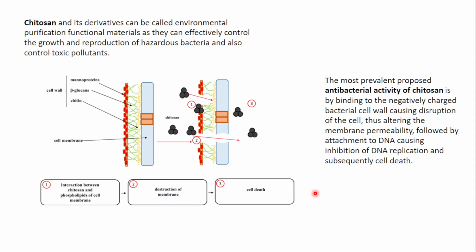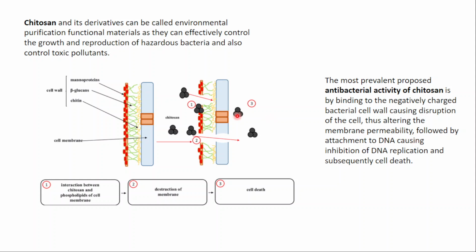The most prevalent proposed antibacterial activity of chitosan is by binding to the negatively charged bacterial cell wall, causing disruption of the cell, thus altering the membrane permeability. See, this is what I was talking about. The membrane becomes permeable. Earlier it was impermeable, meaning not many substances can pass through. Substances can only pass into the cell via channel proteins or carrier proteins or aquaporins or stuff like that.